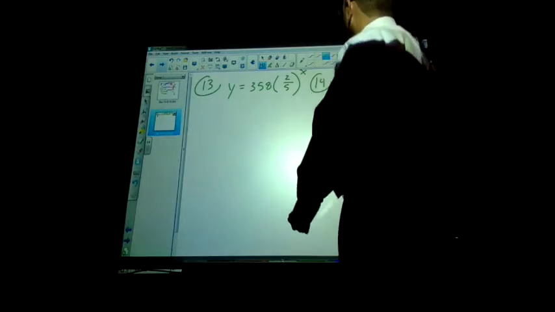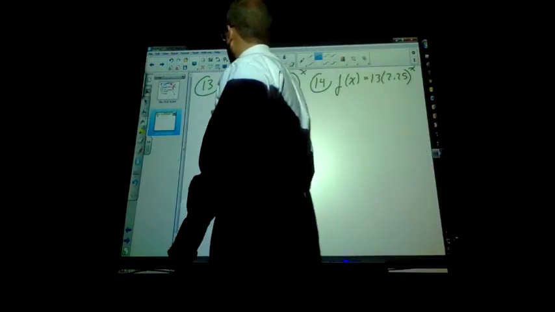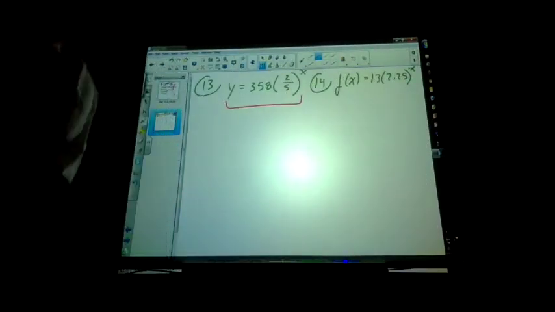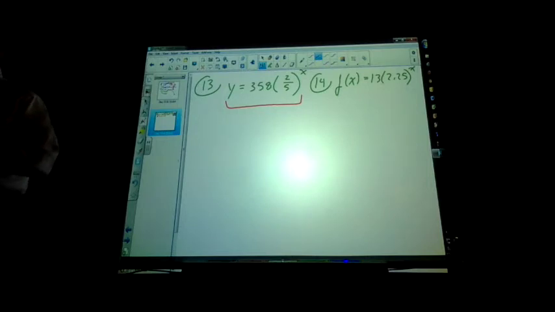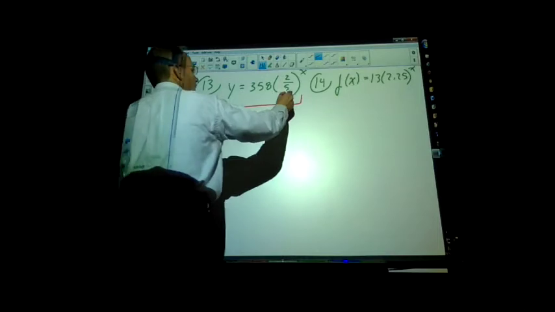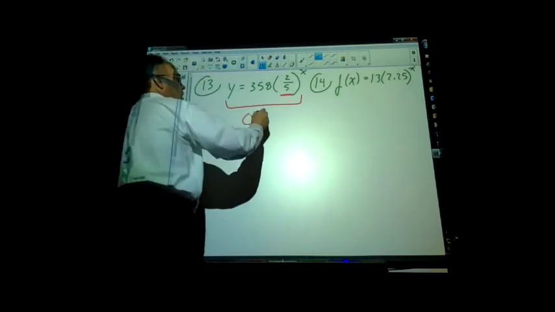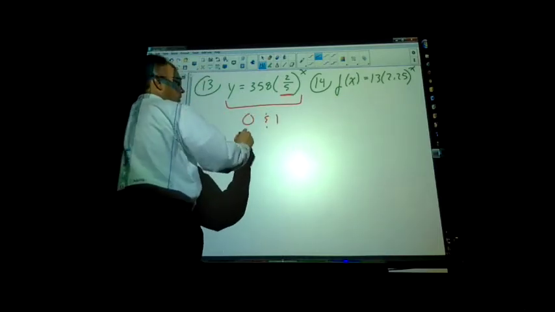Okay. What is this one? Why is it decay? What is between 1 and 0? The 2/5. So this right here is between 0 and 1, so that means it's decay.